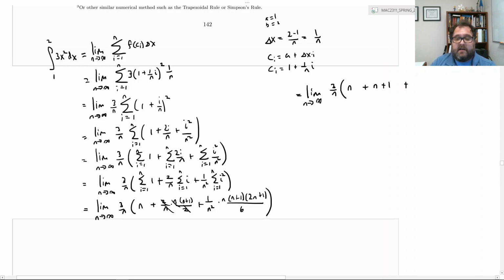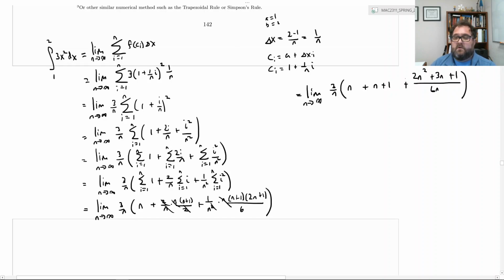Plus, now I have n squared on the denominator and n on the numerator. If I cancel off an n, that leaves me with a 6n on the bottom, and on the top I have n plus 1 times 2n plus 1. If I distribute that, I get 2n squared plus n plus 2n plus 1, that's 2n squared plus 3n plus 1.